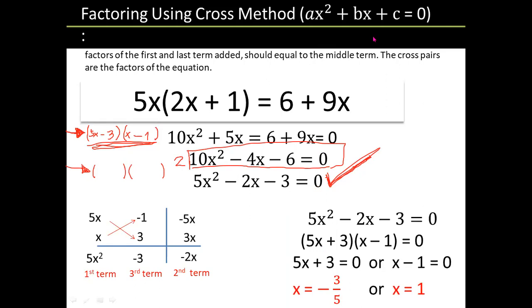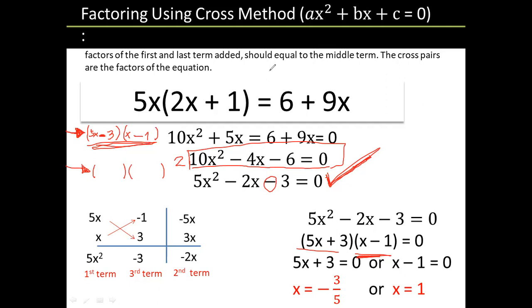So those are the pair. 5x plus 3 and x minus 1. Now, supposing we get the answer of Grace, take note, negative and negative will give you positive, but this one is negative. So this should be positive, 5x plus 3 and x minus 1.